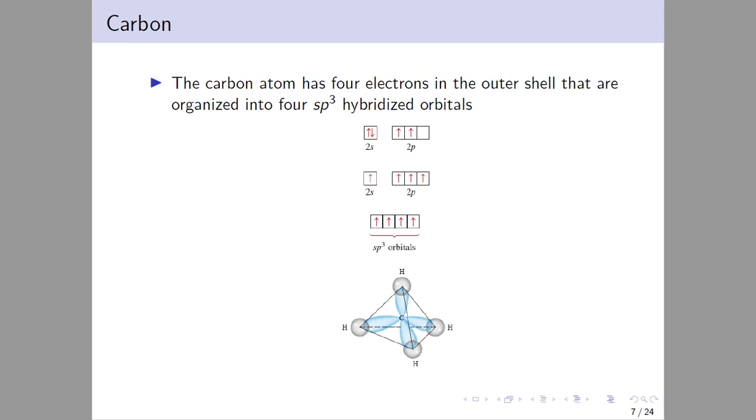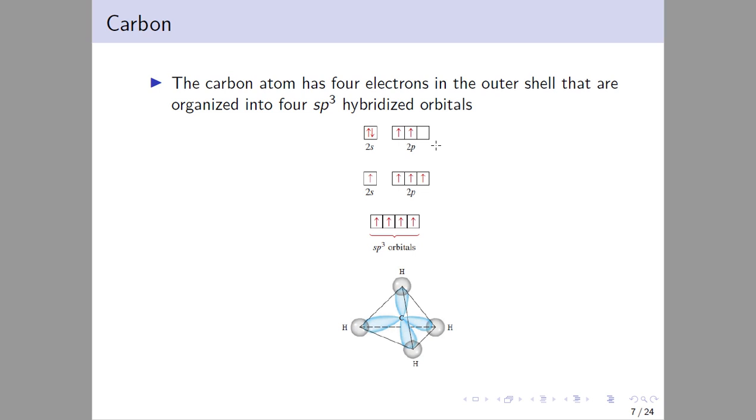Here are the examples. The carbon atom has 4 electrons in the outer shell that are organized into 4 sp3 hybrid orbitals. We see here the carbon has 4 electrons, 1 2 3 4. We have 2s and 2p, the second level.